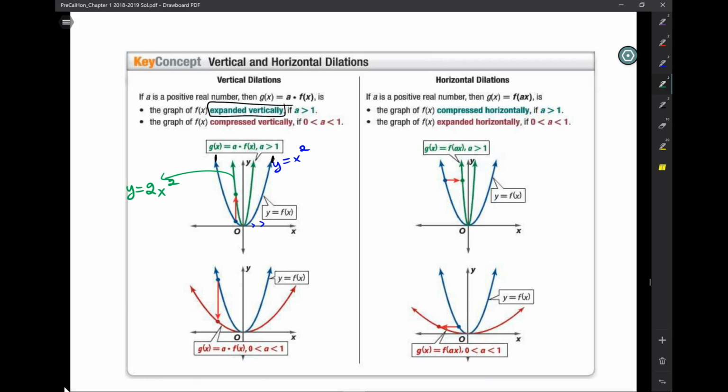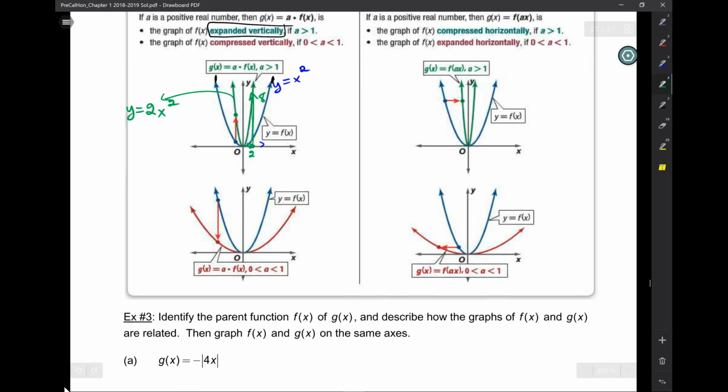But now, it goes up 4, and then in addition, it's multiplied by 2. Okay? Do you see what I'm talking about? So, if it goes over 2 spaces, how much will it go up? 8. Because not only is it squared, but it's also multiplied by 2. Does that make sense? Yes or no?